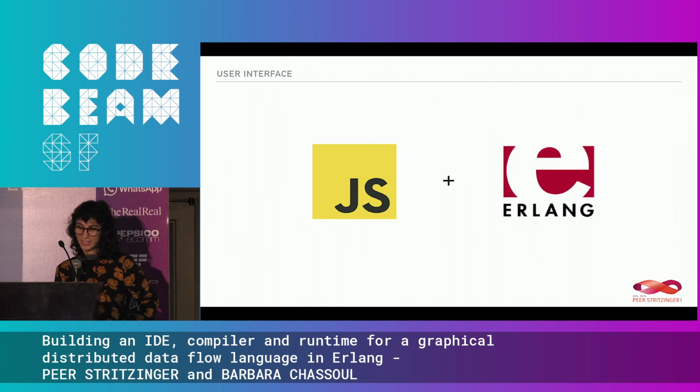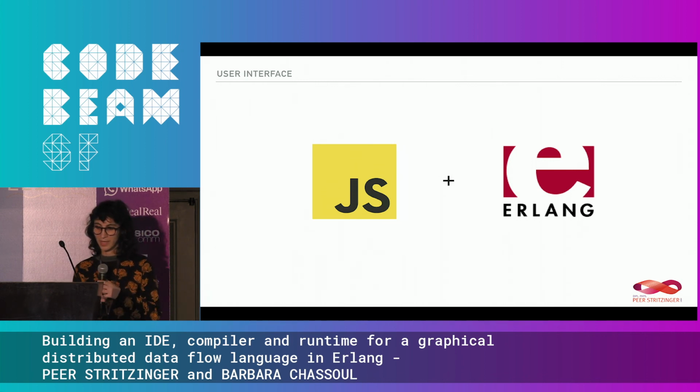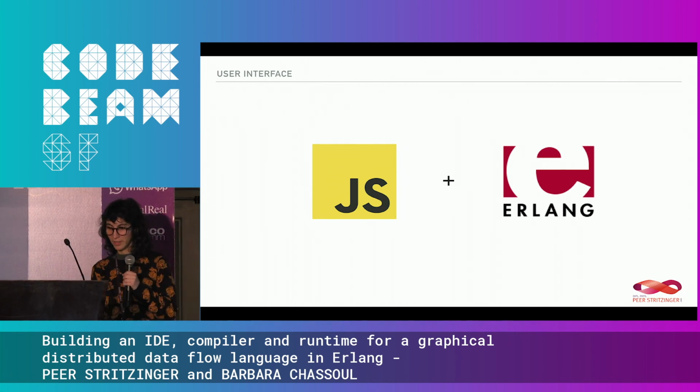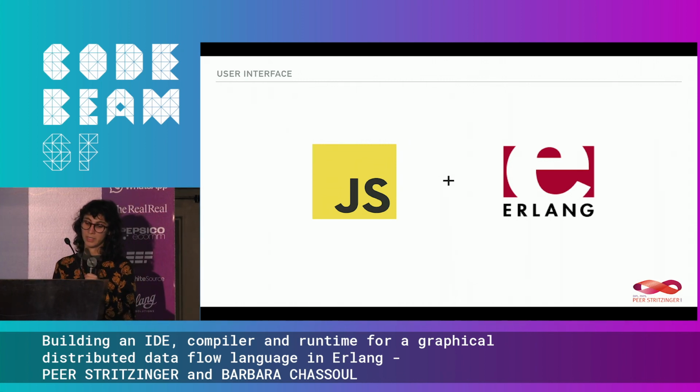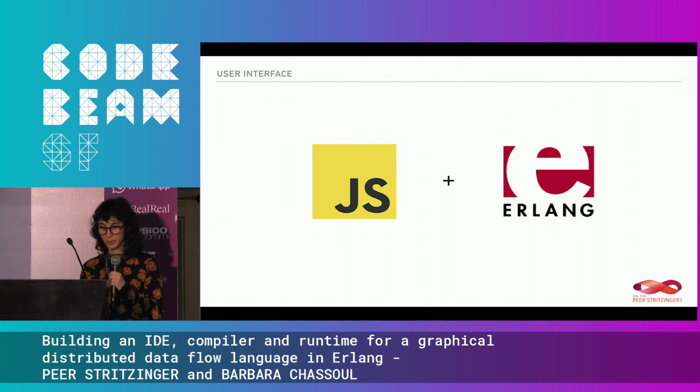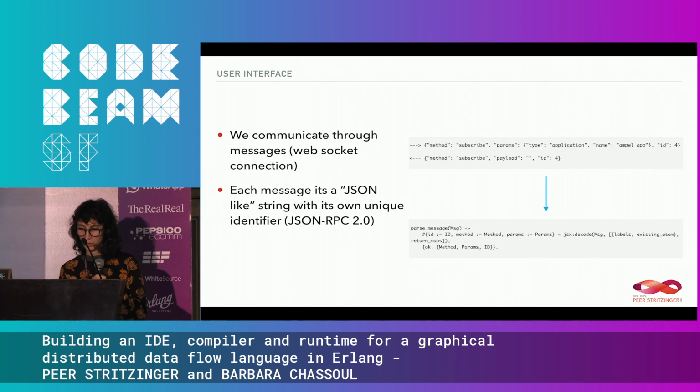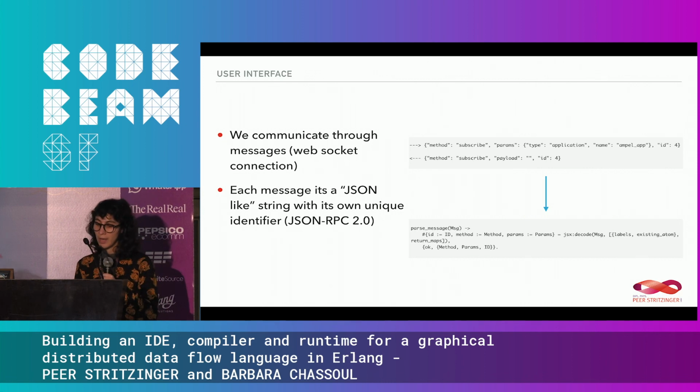Usually an IDE consists of what you already saw: source code, build, auto-compilation tools, and a debugger. We wanted to build an Erlang application, but we also wanted a dynamic language in the front end, and that's why we chose JavaScript.